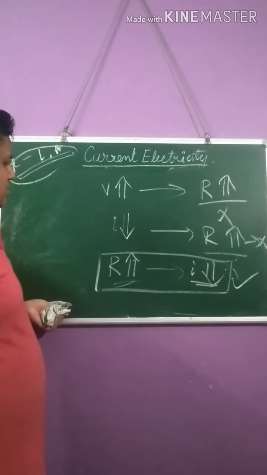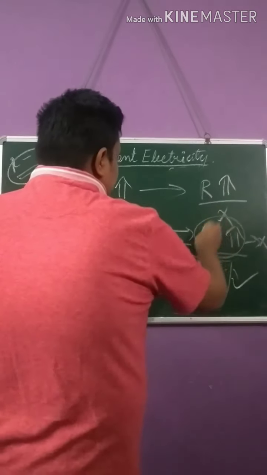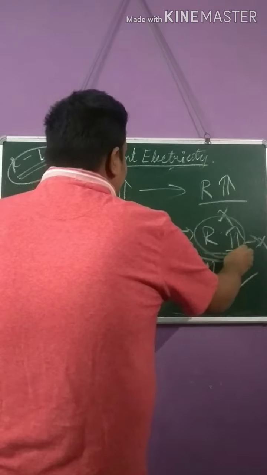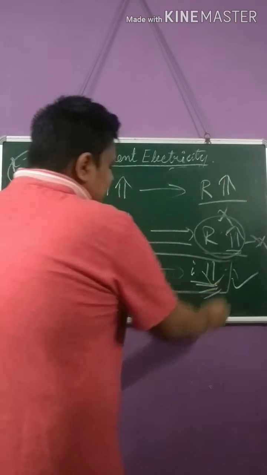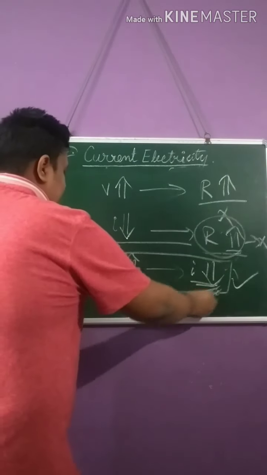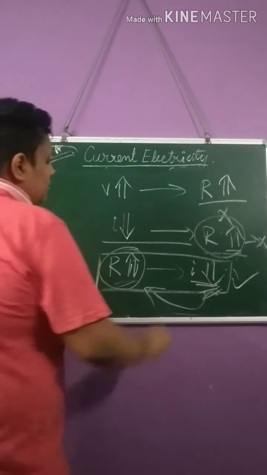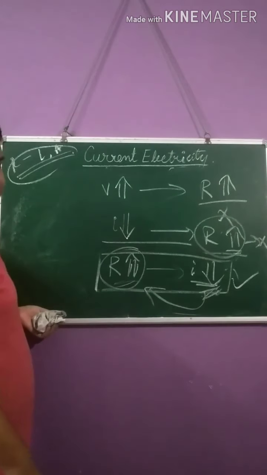Are you getting my point? The other is not true because R has to be constant. You cannot increase or decrease R by changing the potential difference. But I is not constant in a circuit. You can increase or decrease I by increasing or decreasing the resistance, but inversely you cannot do it.